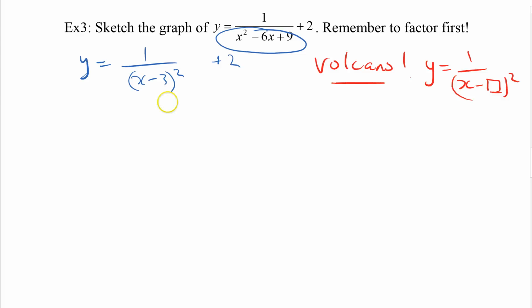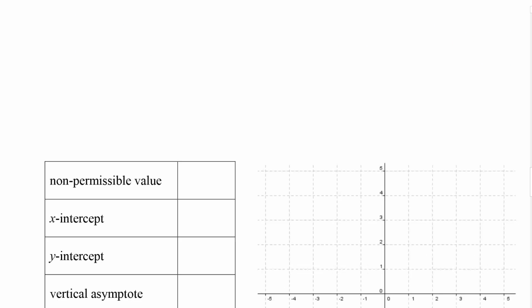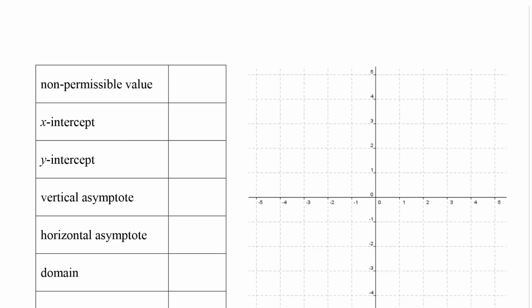Here we're going to get a volcano, and so we will get an asymptote where x is equal to 3, right? So if I go over here and I look here, x cannot be equal to 3, so I'm going to get this vertical asymptote right over there.